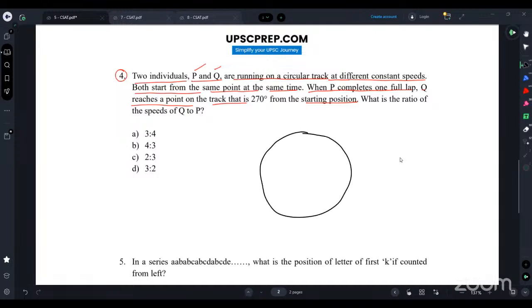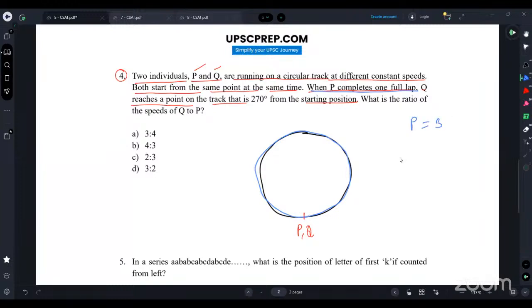So you have one circular track. Let's say this is the starting point where P and Q are starting their race. But what is happening? When P completes one full lap, it means P starts from this position and comes back to the same position. So what is the angle that P has covered, guys?